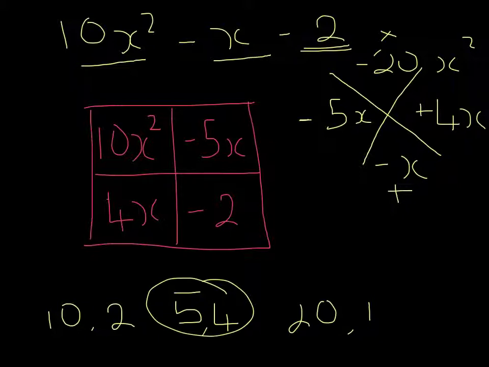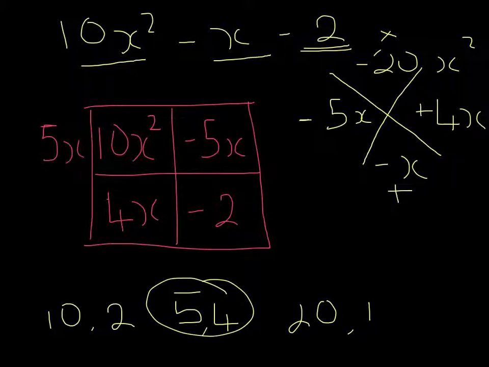Now, it's a little bit more difficult because we have a few factors of this. It's not just x and x squared. So let's think, it could be 10 and 1, or it could be 5 and 2. If I'm going to minus 5x here, I'm thinking that 5x is going to fit nicely into what we need to do.